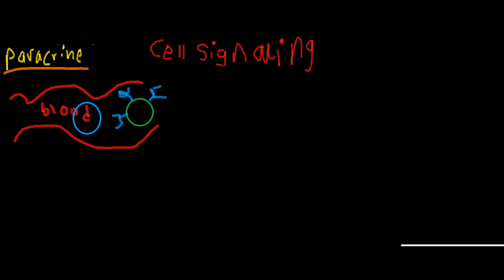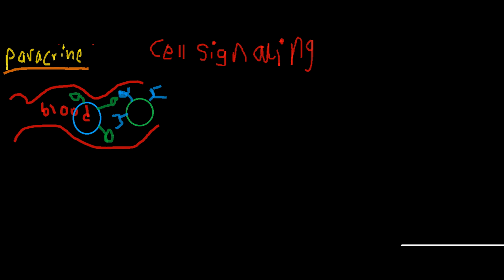I'm just trying to show you. And then let's say this blue one has the receptors of the green cell. So maybe it looks like that, like an arrowhead or something. Maybe one over here.